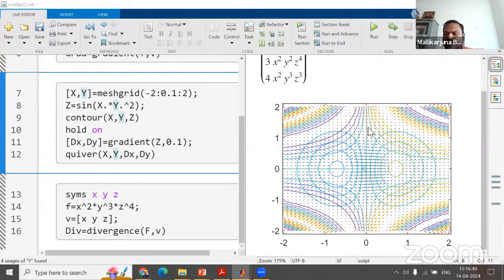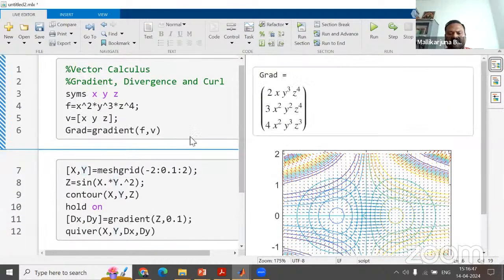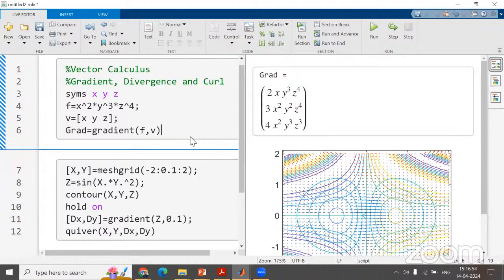Can you explain the answer of the first one? You mean this one, gradient? Yes, so that answer actually 2xi plus 3y squared j, like that we have to get. I'm not getting this form. It's a matrix form.